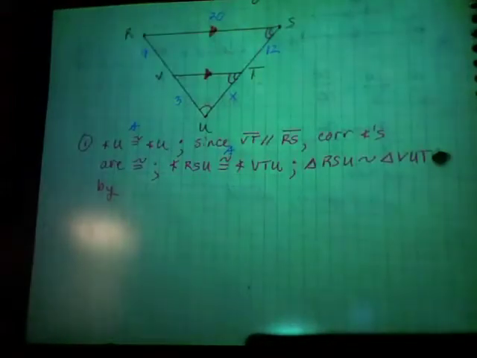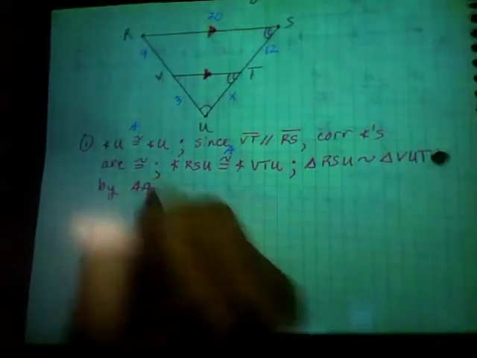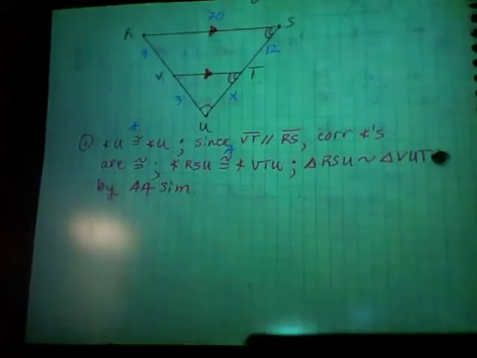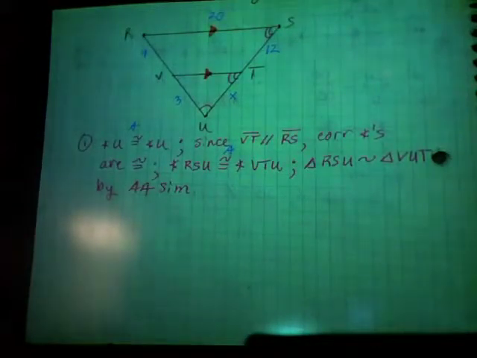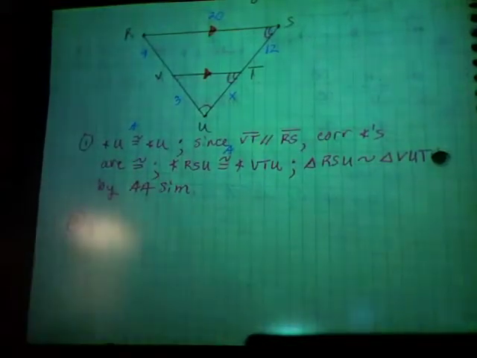What theorem did we use? Angle, angle, right? By angle, angle similarity. So that's kind of the process you have to go through to explain and prove why two triangles are similar. All right, then the second part of this question is saying, find the values of x and y.